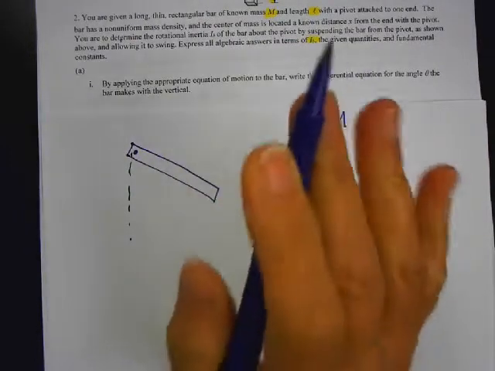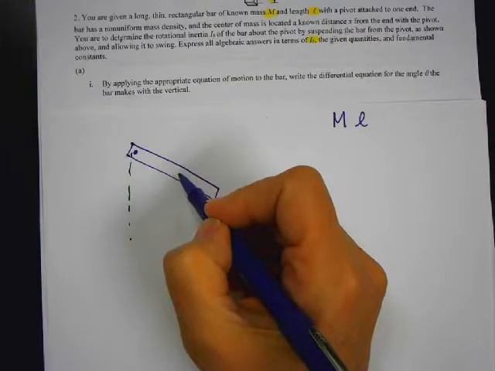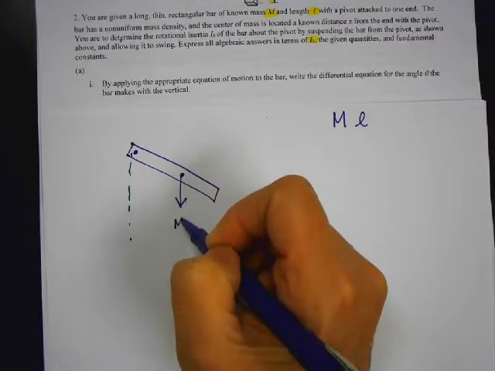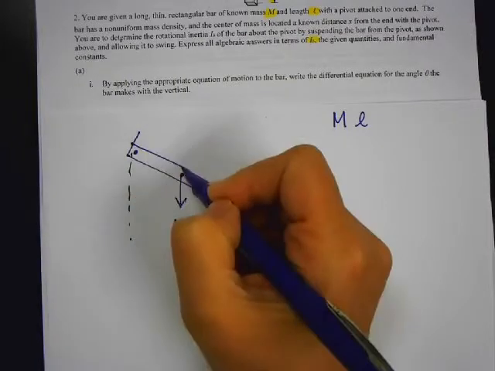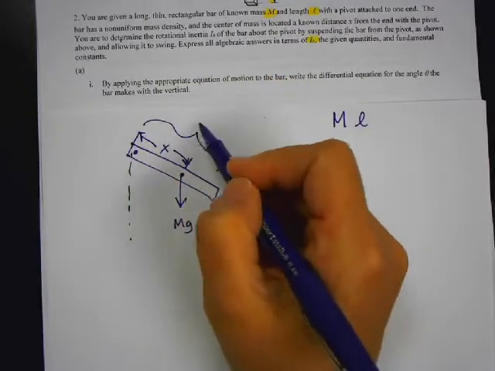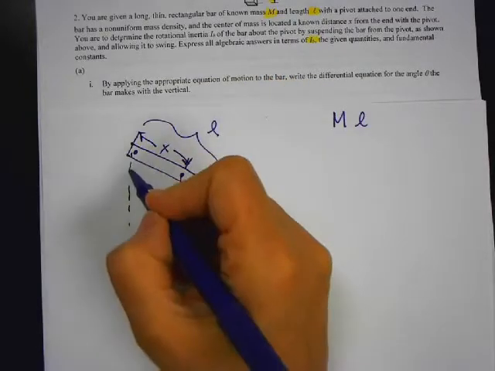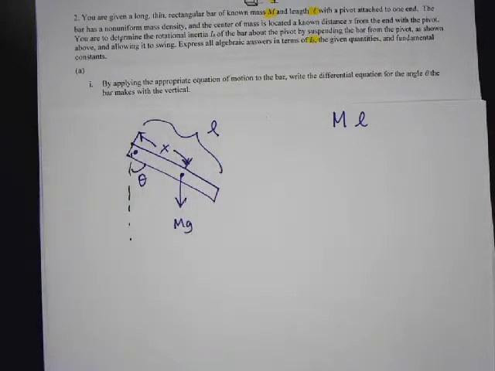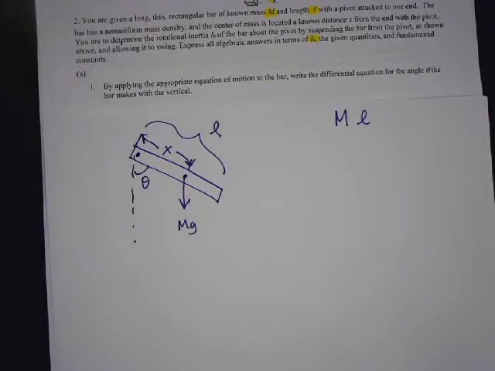Now, they told me the center of mass is actually not in the center. It's at a certain distance, x, from here, and the length of the bar is L. So this is my angle here, theta. Again, it says by applying the appropriate equation to the motion of the bar, so the bar is moving, write the differential equation.